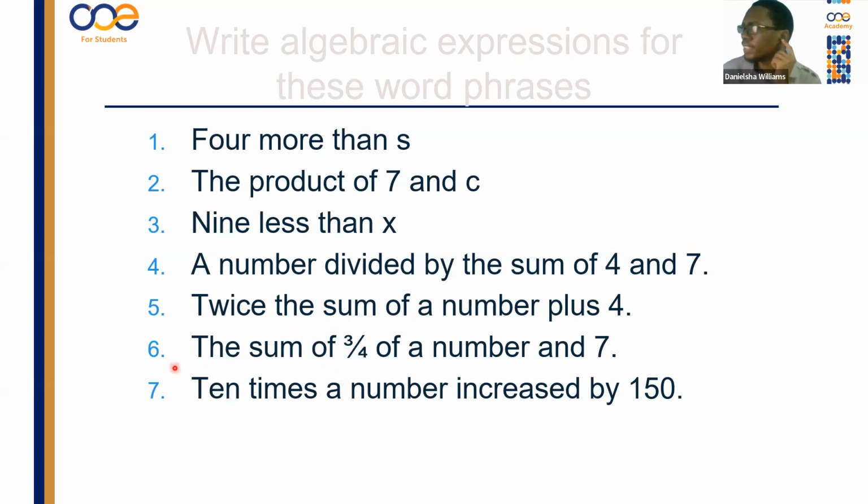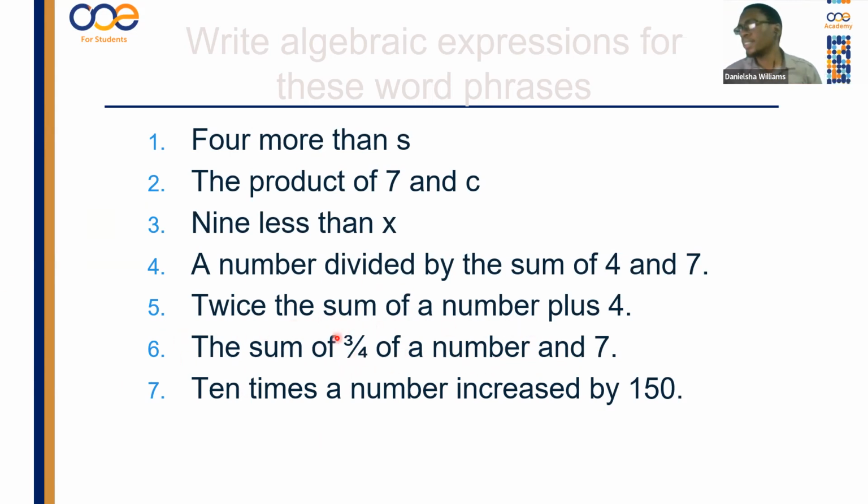For number 6, sum of 3 part of a number plus. So here we have a case where we have an operation that's happening. Yes, so 2p plus 4. For number 6, we have 2 things happening.